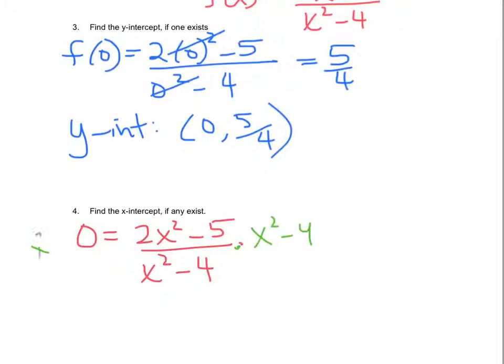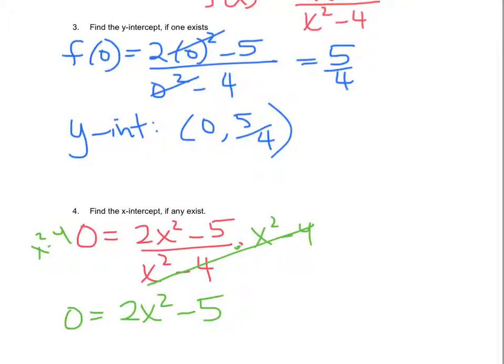I don't show the work for this every time because the same thing happens over and over: those go away and 0 times anything is 0. So I still end up with 0 equals the numerator. So you notice that when I have a fraction equal to 0, it really means the numerator has to be 0. The denominator can be any number. For the fraction to come out to be 0, the top has to be 0.